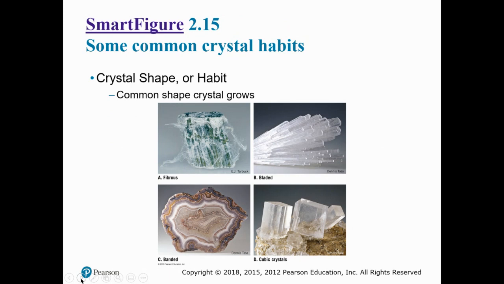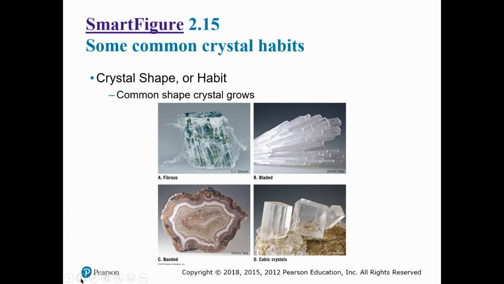So some minerals tend to grow equally in all three dimensions, but others can be flattened or elongated in one dimension if they can't grow in another. Some crystalline minerals have a regular shape that helps us identify it.